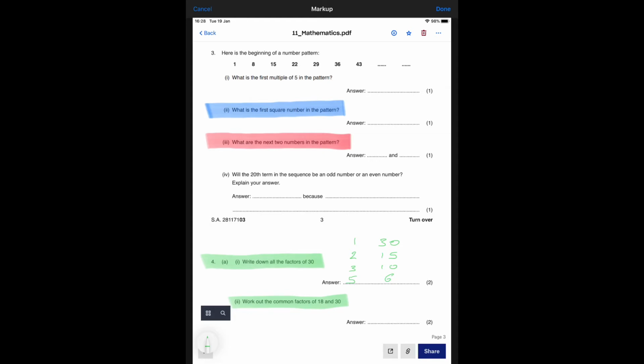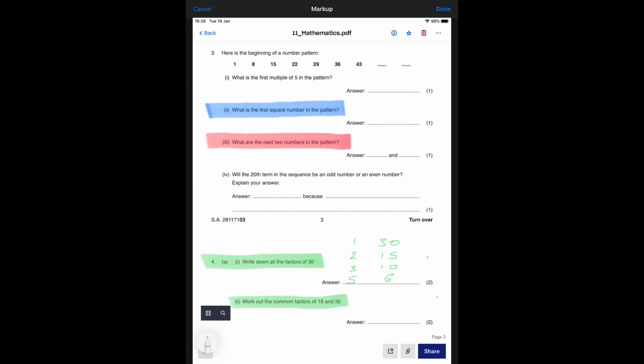No. And we've got to 10 here, so we don't need to check any further. Okay? So those are all the factors of 30. We're essentially just working out what times tables 30 is in. 30 is in the 1 times table, the 2 times table, the 3 times table, the 5, the 6, the 10, the 15, and the 30 times table.